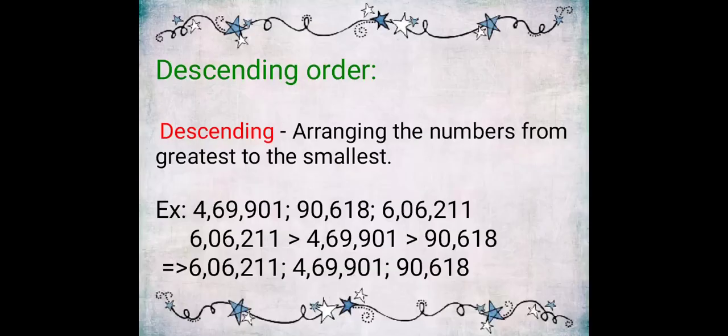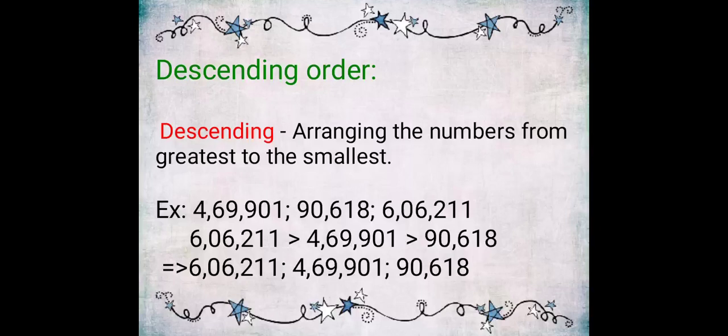Now it is descending order. Descending order is nothing but the reverse of ascending order. In your ascending order, you arranged the numbers from smallest to greatest, whereas in descending order, you will arrange the numbers from greatest to smallest.